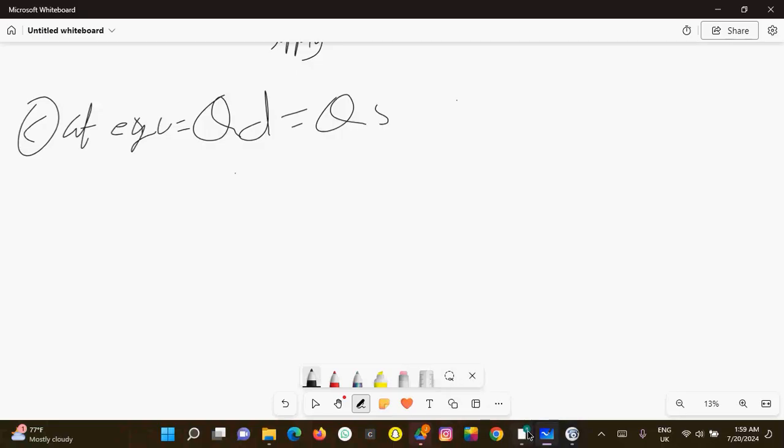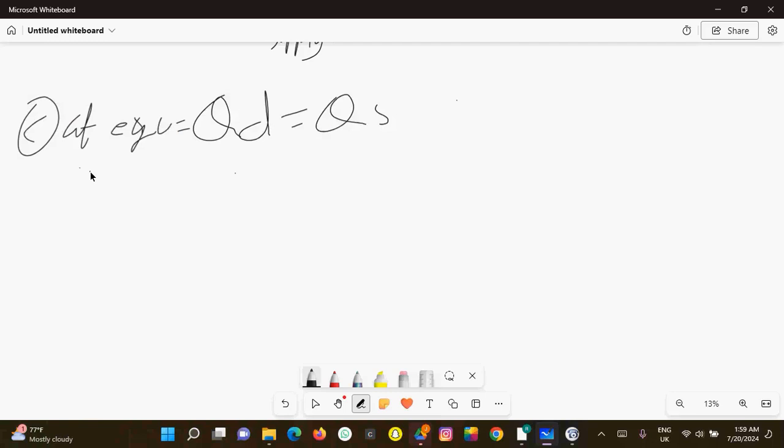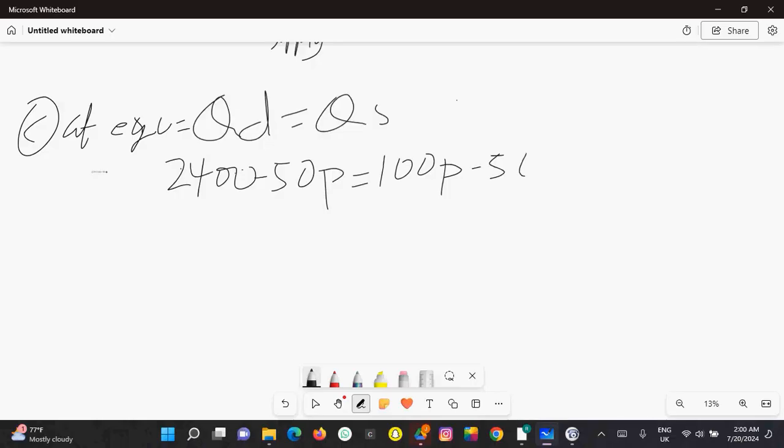So our demand here is 2,450 minus, and our quantity supplied is 100P minus 50.